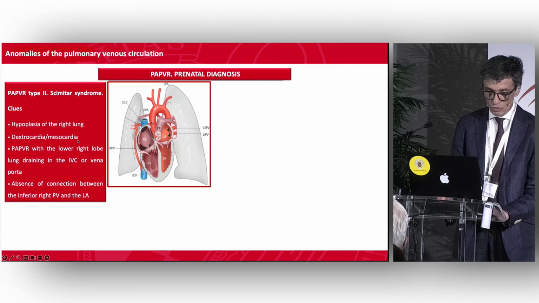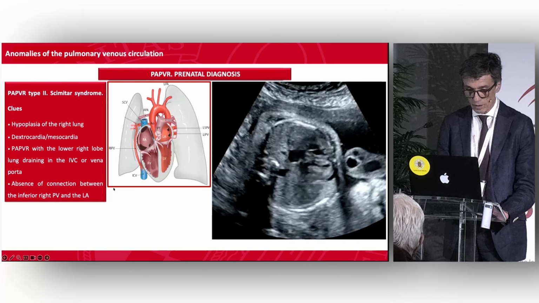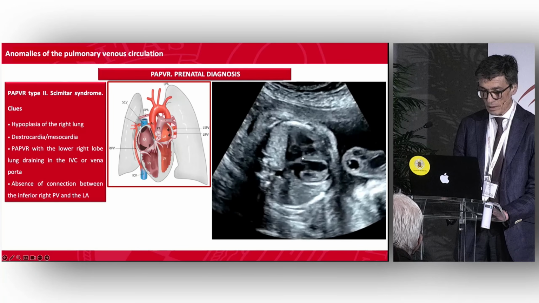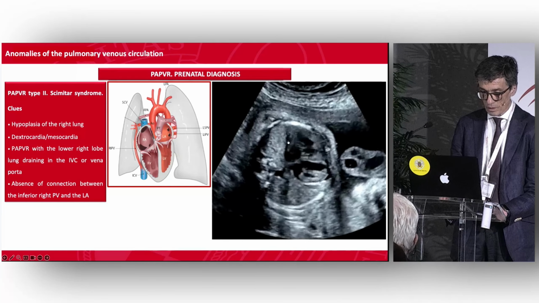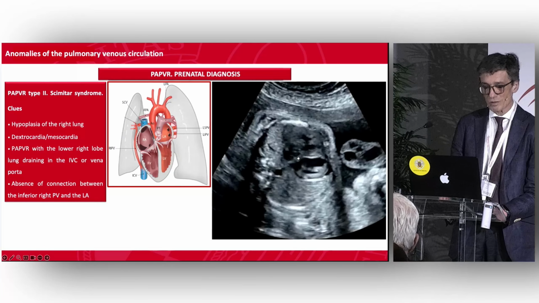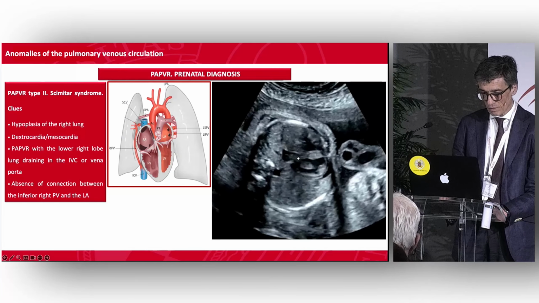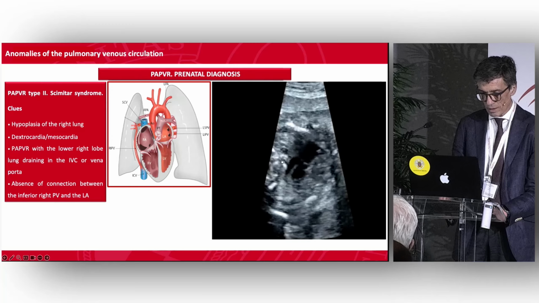Usually it goes with dextrocardia or mesocardia, and there is absence of connection of the right pulmonary veins with the left atrium. You may see here that the heart is located mainly in the right side because the right lung is very small. Sometimes it's associated with sequestration of the left lung, but most commonly with hypoplasia of the right lung.